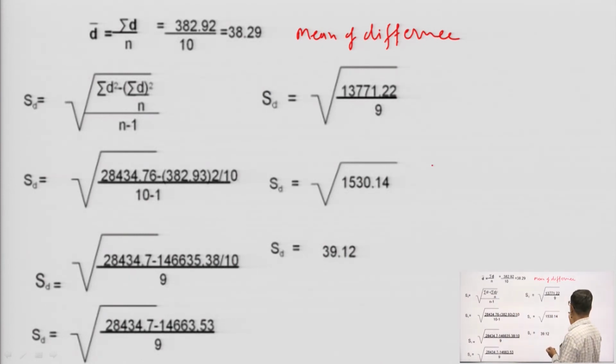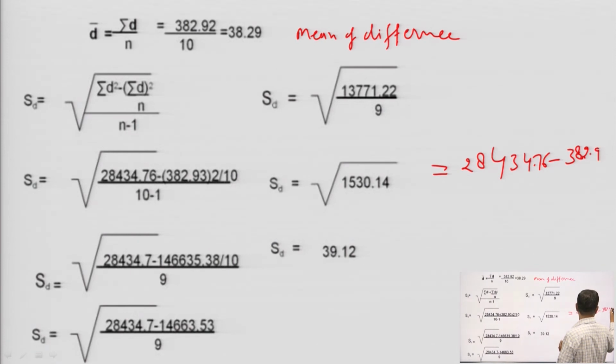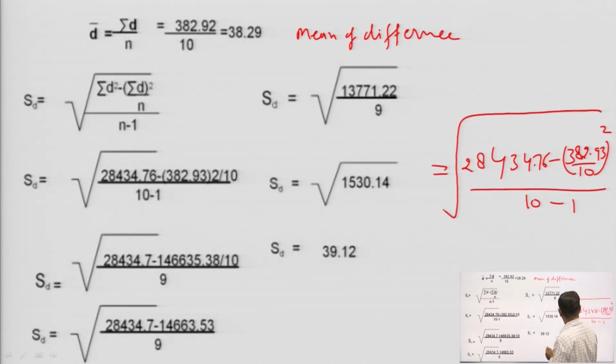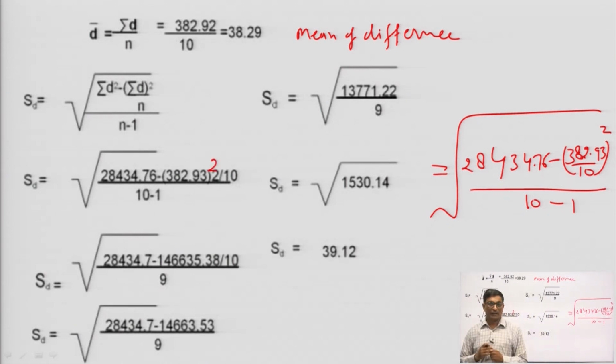I write here summation d square 28,434.76 minus sum of d, summation d, 382.93 square upon 10, divided by 10 minus 1, this is square root of 10 minus 1.